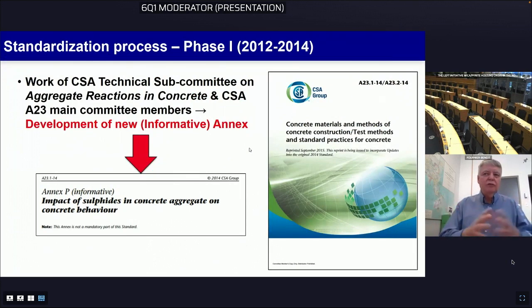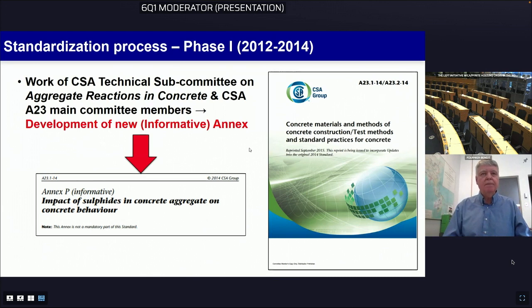So in parallel to the research, a group of people working in the CSA, Canadian Standard Association Committee on Concrete, developed a protocol as part of the standard. So this informative, not a protocol, but an informative annex, is where we give information for engineers related to this deleterious reaction in concrete.